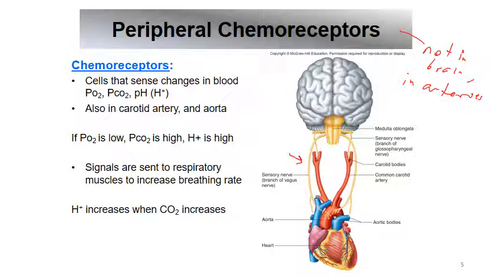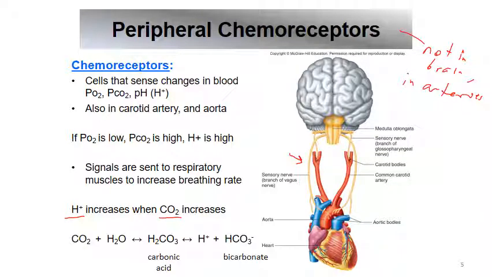Again, as we saw on the last slide, hydrogen increases when CO2 increases. Here is the formula that refers to that previous slide. The more CO2 you have, the more CO2 attaches to the H2O. First it forms carbonic acid, but this carbonic acid doesn't like to stay in this form.